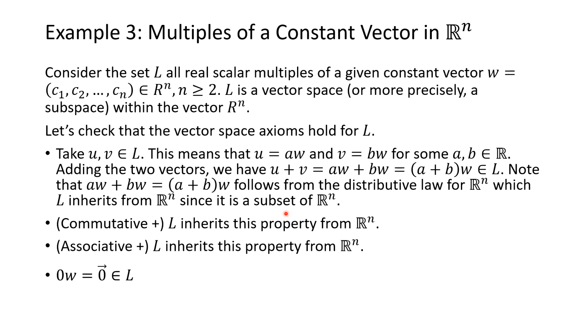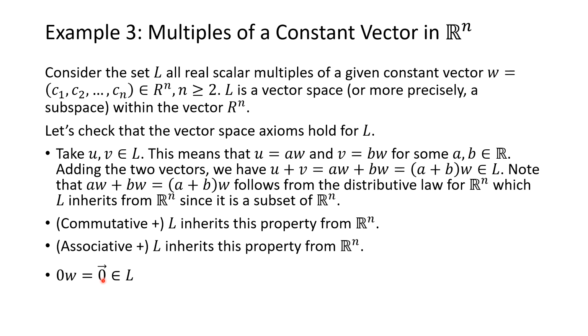So most of these properties are going to hold because L is a subset of Rn. The commutative law under addition and the associative law under addition both hold because L is a subset of Rn. If you take 0 times W, you get the 0 vector, which is in L because it's equal to 0 times W. Notice this 0 here is a scalar and this is a vector.